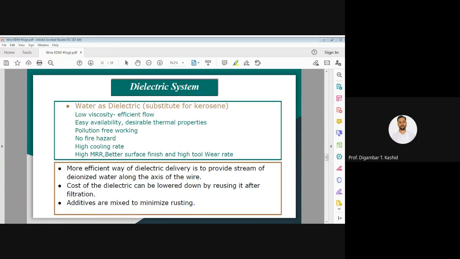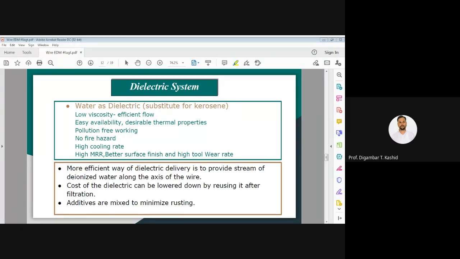So these parameters we should consider while selecting the dielectric. Because what happens if you choose a dielectric fluid having a low material removal rate, then you will not get the desirable surface finish.